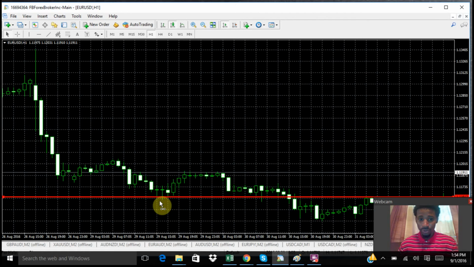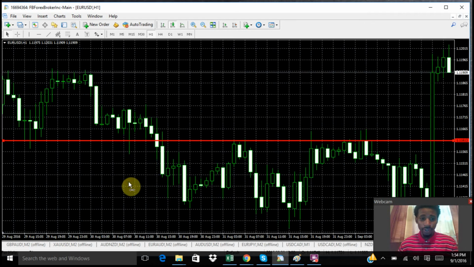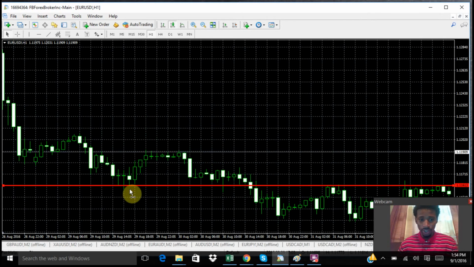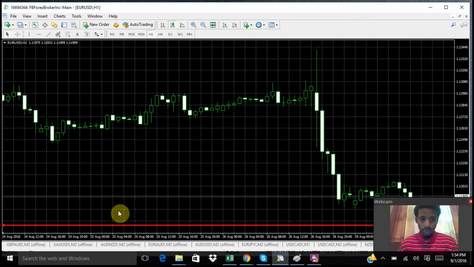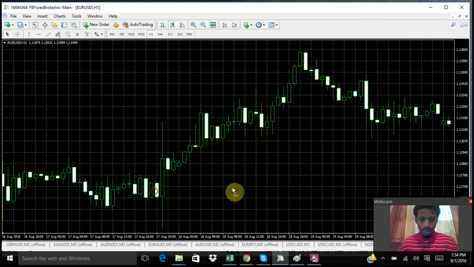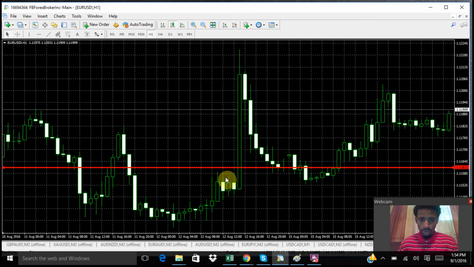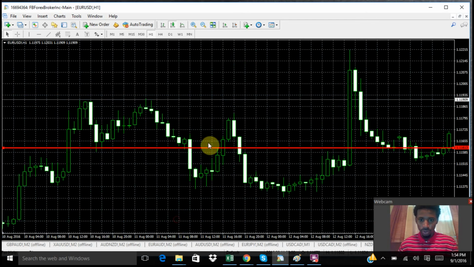Let me take this off so I can browse back. As we look back, we can see that this holds as support as well. We keep going back in previous data, and we see it's kind of support, kind of resistance, and strong candles are needed to break this area. There are no little candles breaking this area.